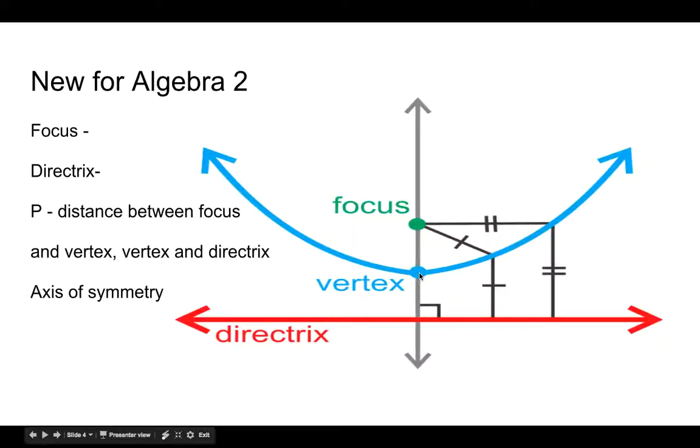And the same thing goes for the vertex and directrix. Since this is (0, 0), and this is (0, 2), the distance between the vertex and directrix would be 2. Now knowing that the distance between the focus and directrix would be 2p, which in this case would be a distance of 4.